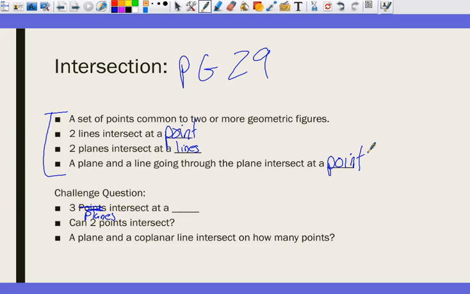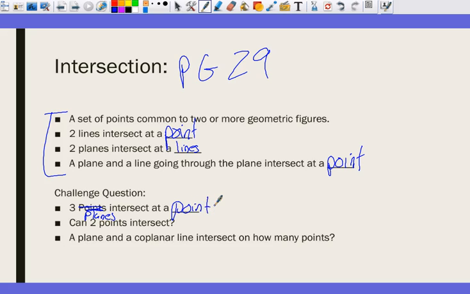Look at the green wall, the white wall, and the ceiling. Where do those 3 all touch at once? That corner. They all touch at that single corner right there. Do you agree with me? Is that corner represented by a line or by a point? So 3 planes intersect at a point.